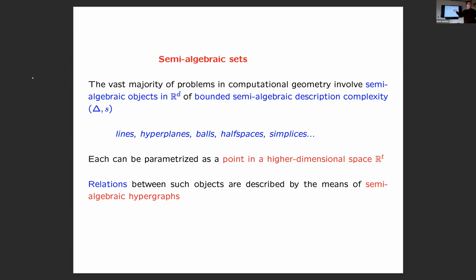Basically you can take all the coefficients of the polynomial constraints, pack them all and send them up to some higher dimensional Euclidean space. So it's not surprising that relations between such semi-algebraic sets are described by means of semi-algebraic hypergraphs, which I'm going to define shortly.